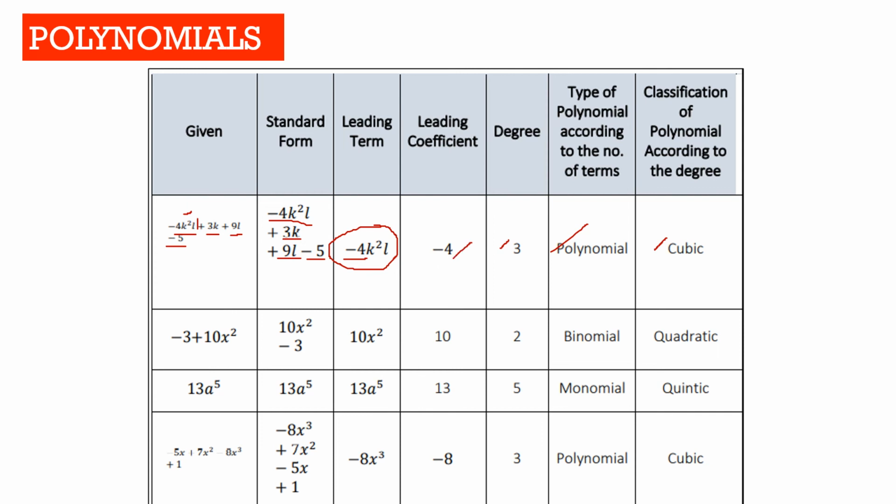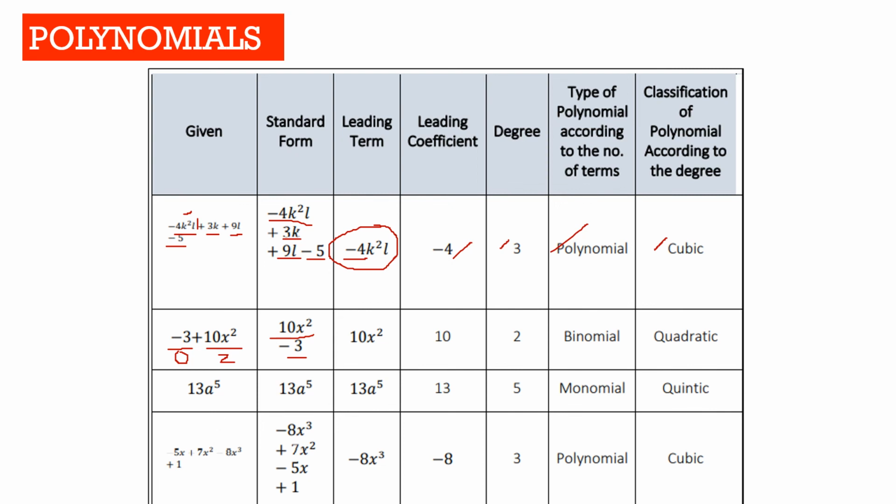Next, our next example is negative 3 plus 10x squared. Negative 3 is a constant, having the degree of 0. And the degree of our second term is 2, because the exponent of the literal coefficient is 2. That means that 10x squared should come first in order for us to write it in standard form. So 10x squared minus 3 is the standard form.